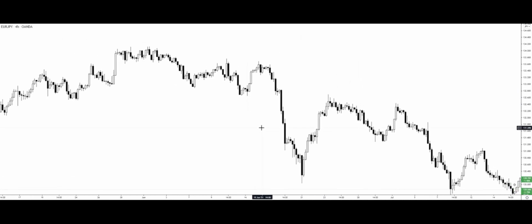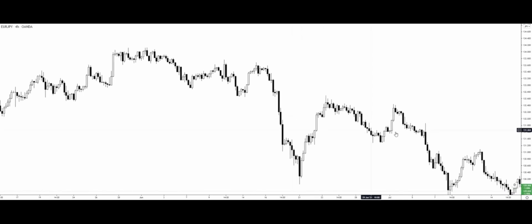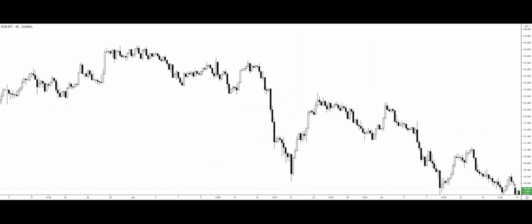If we just look at this move here, ignore all of this, we don't care about this. But if we look at this here, and here, as you can see, there's imbalance here, imbalance here, imbalance here. This tells us that there's only sellers in the market and there weren't any buyers.